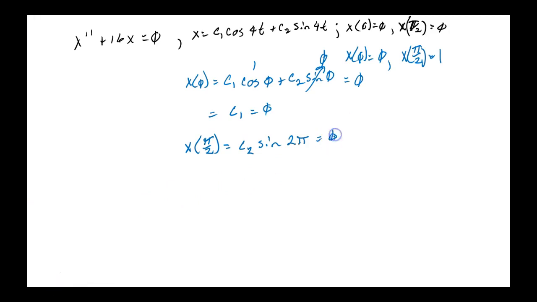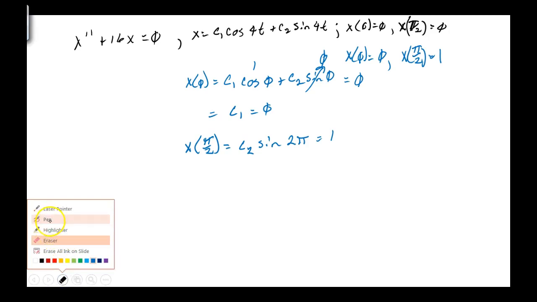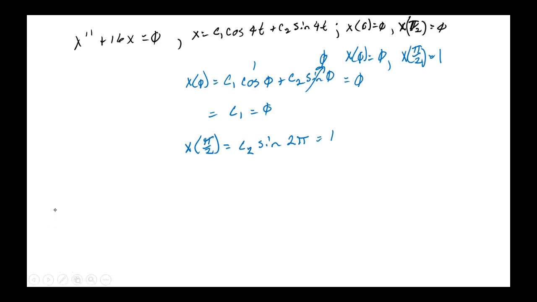I was looking at the 1 and wrote a 0. It's equal to 1. But wait a minute, folks. That can't happen either, can it? Because sine of 2 pi is always 0, and 0 can't equal 1. So this one has absolutely no solution.